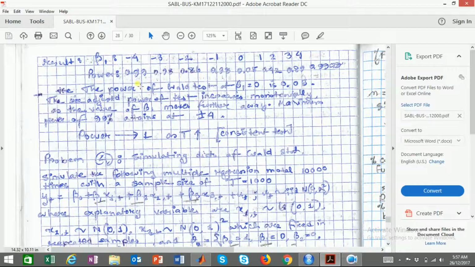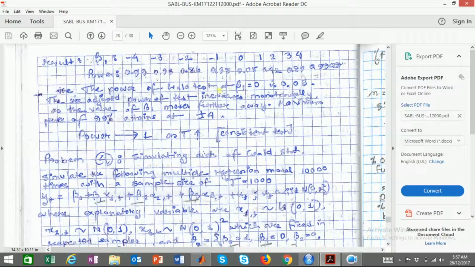In this case, the power of the test when beta 1 is 0 is 0.05. The size adjusted power of the test increases monotonically. It is increasing after 0 as the value of beta moves further away.